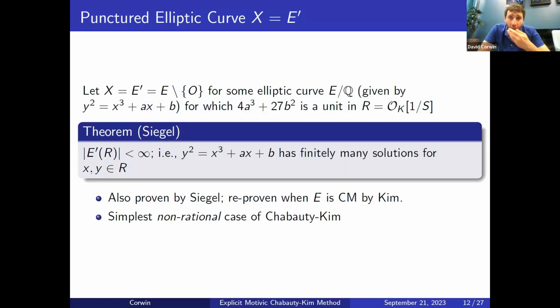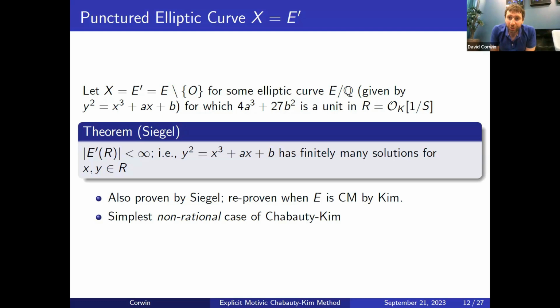Okay, so let me say some explicit, concrete results of the theory that I'm going to go into in parts 3 and 4, just to give you a taste of what this can lead to. Another case of a hyperbolic curve is an elliptic curve with a point taken out.